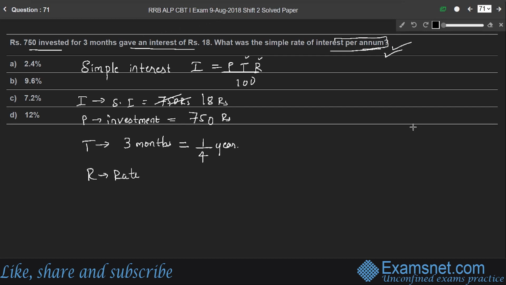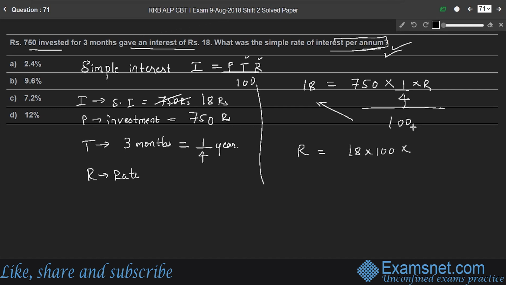Consider the formula I is equal to PTR by 100. So I, the simple interest, is 18 rupees, which is equal to the principal or investment, 750, into the time period, 1 by 4, into rate by 100. By cross multiplication, R can be written as 18 into 100 into 4 by 750.